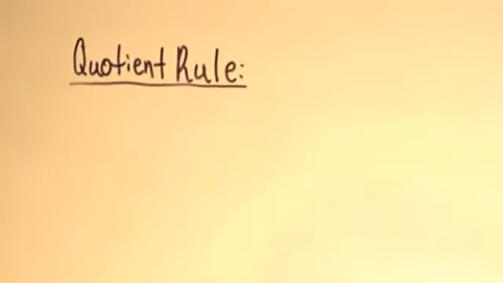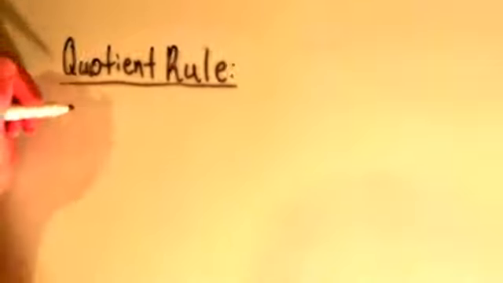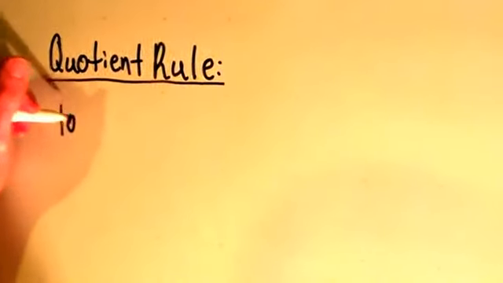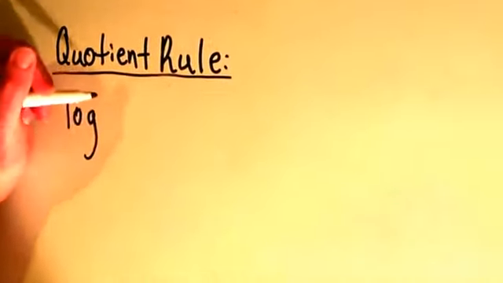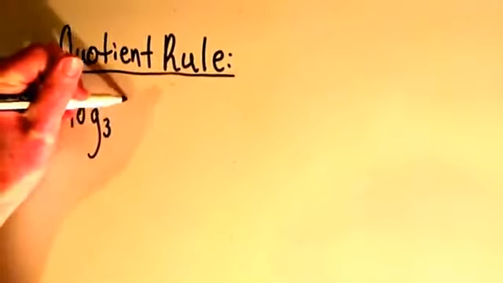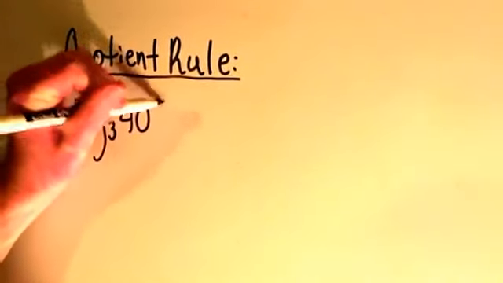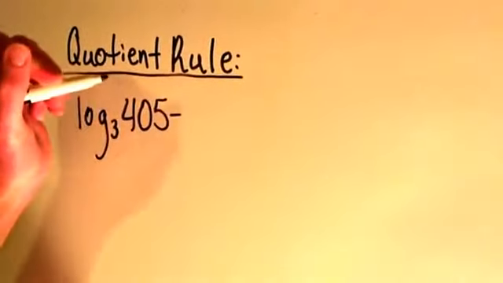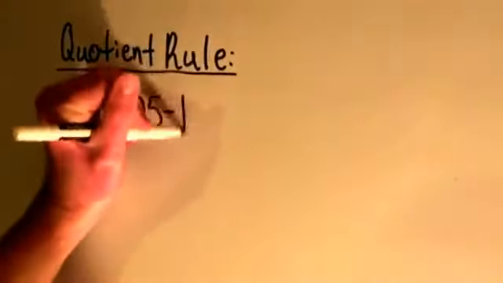For the quotient rule, start out with log base 3 of 405 minus log base 3 of 5.